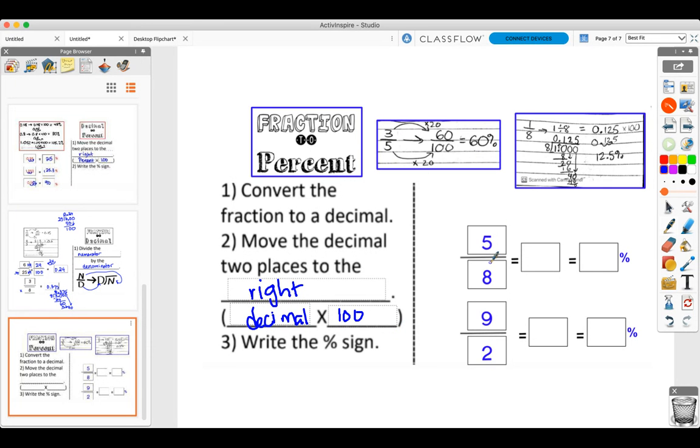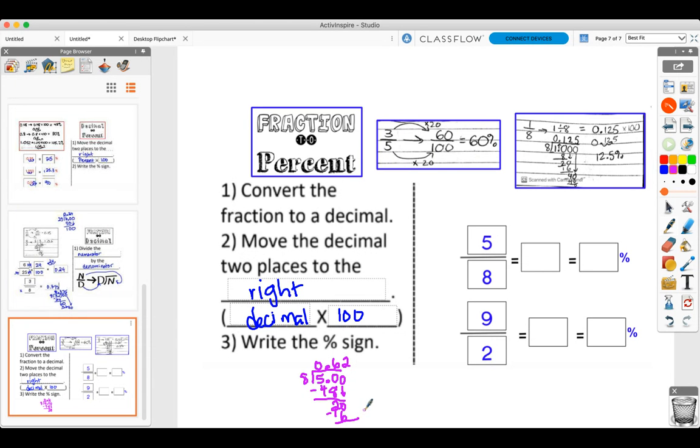So 5 divided by 8. I never have enough space on this, but I will try to squeeze it in. I'm going to do this in a different color. So 8 goes on the outside, 5 underneath. 8 does not go into 5. You put a 0. Decimal here, decimal there, add a 0. 8 goes into 50 6 times. 8 times 6 is 48. 2, add another 0, bring that down. 8 goes into 20 2 times. 16.